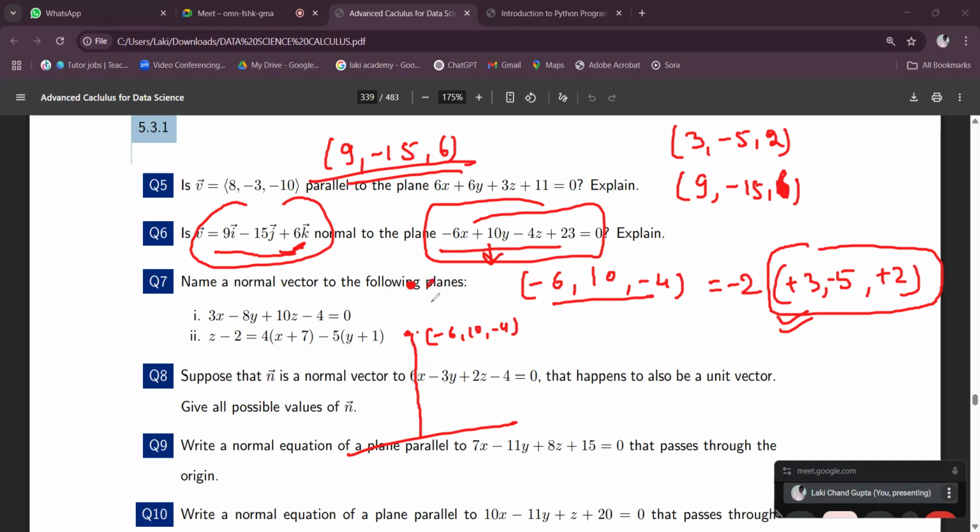And this point lies here, 9. It means that this vector lies on this vector. Understood?